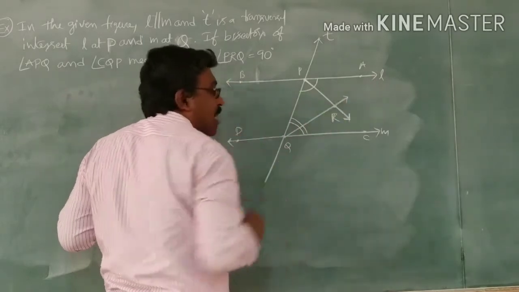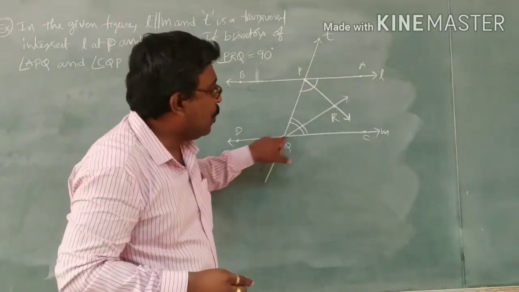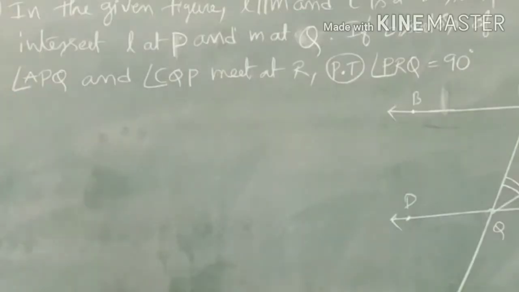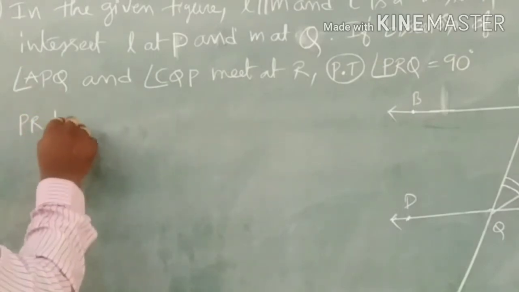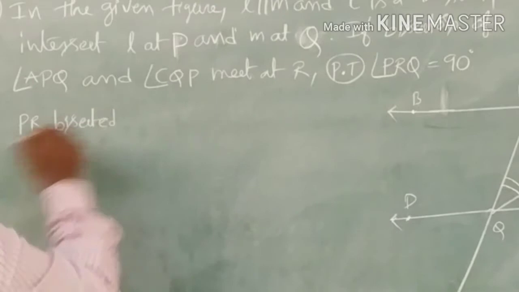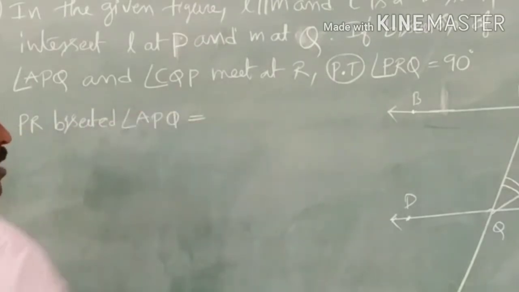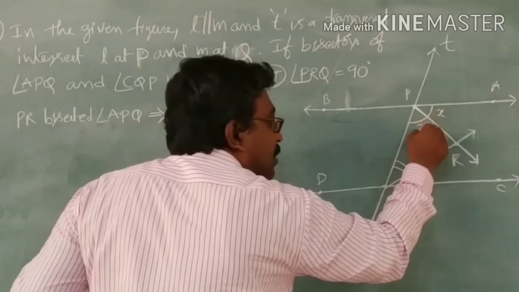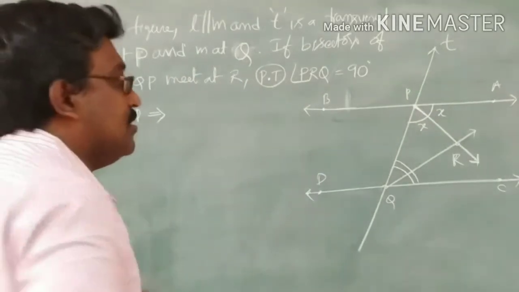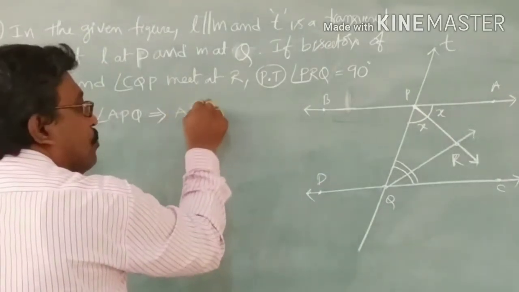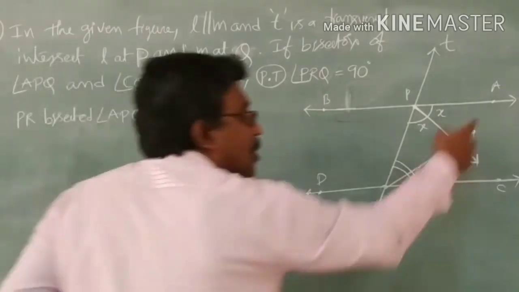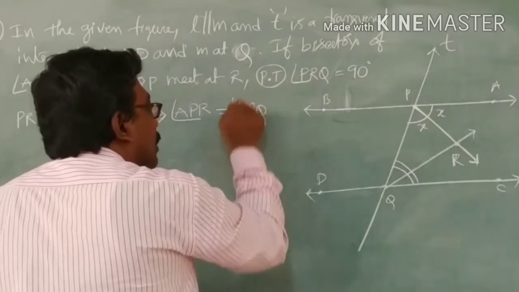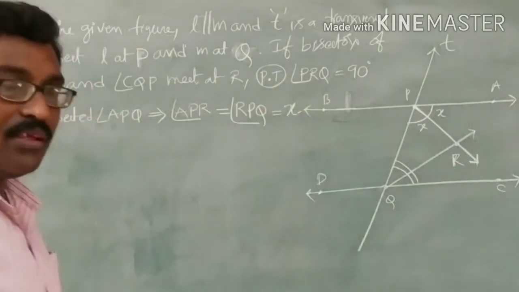So QR is the ray bisecting angle Q. Now, PR bisected angle APQ. That means these two angles are equal. I am taking these two angles as X and X. That means angle APR is equal to RPQ is equal to X.